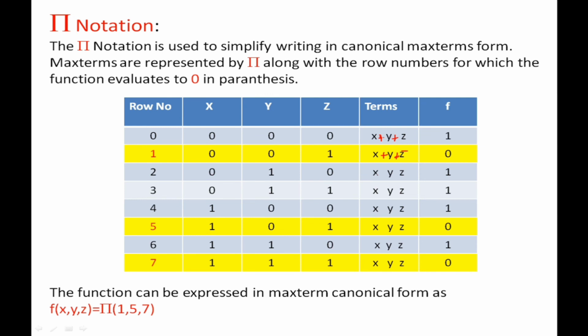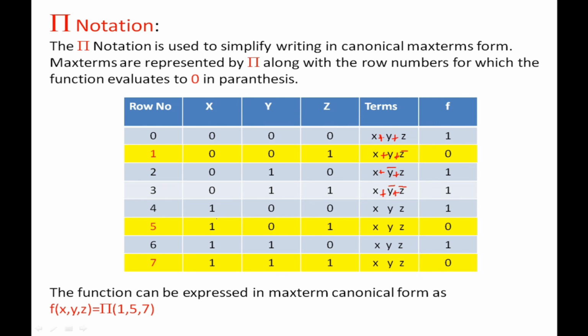Then x plus y bar plus z. In row number 3, it is x plus, as y and z are 1 1, y bar plus z bar.